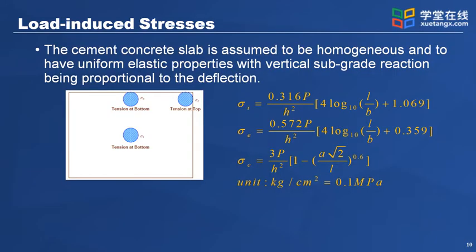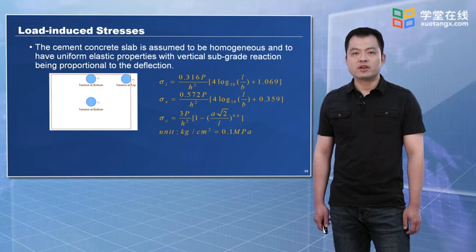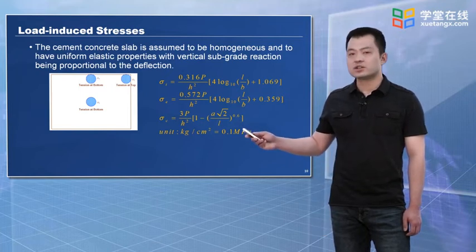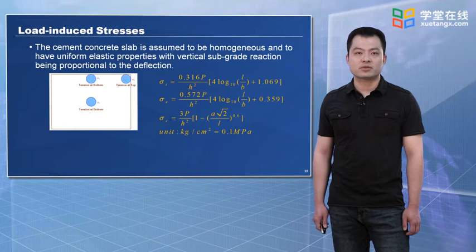The cement concrete slab is assumed to be homogeneous and to have uniform elastic properties with vertical subgrade reaction proportional to the deflection. There are three typical locations to analyze stress status of a concrete slab: internal, edge, and corner.